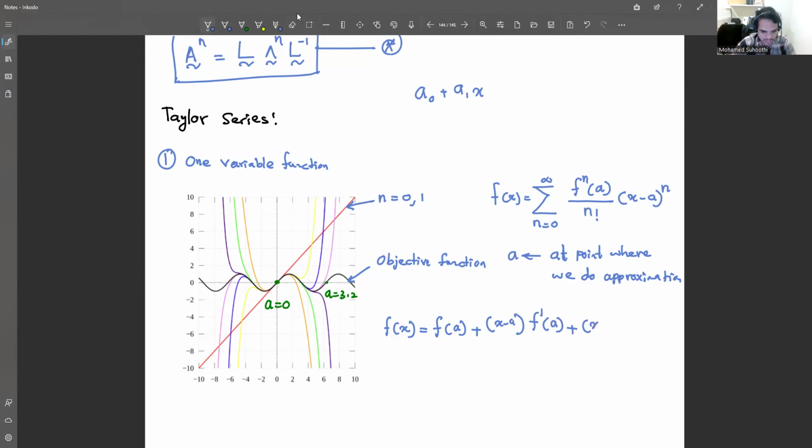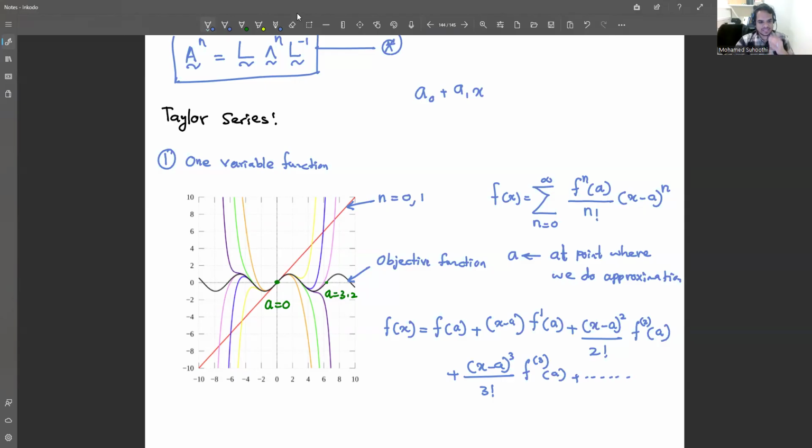Then the second one, x minus a squared over 2 factorial, f second derivative of a. So plus the third one, x minus a cubed over 3 factorial, f third derivative of a, right? Like that it will go.